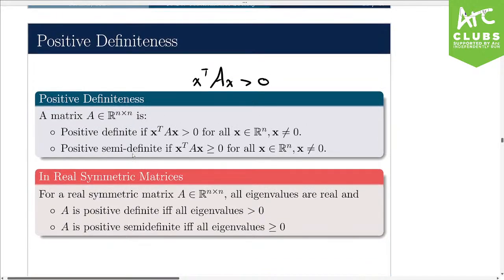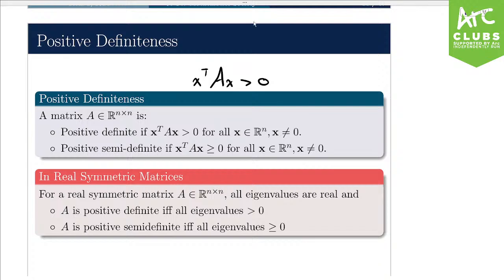And a special case in real symmetric matrices, we can say things about whether a matrix is positive definite based on its eigenvalues. So we know that all the eigenvalues are real.